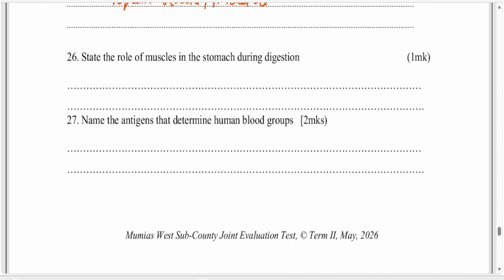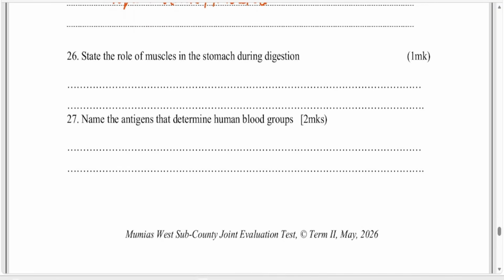Question number 26: state the role of muscles in the stomach during digestion. We have the circular and longitudinal muscles that are involved in mixing the contents in the stomach.